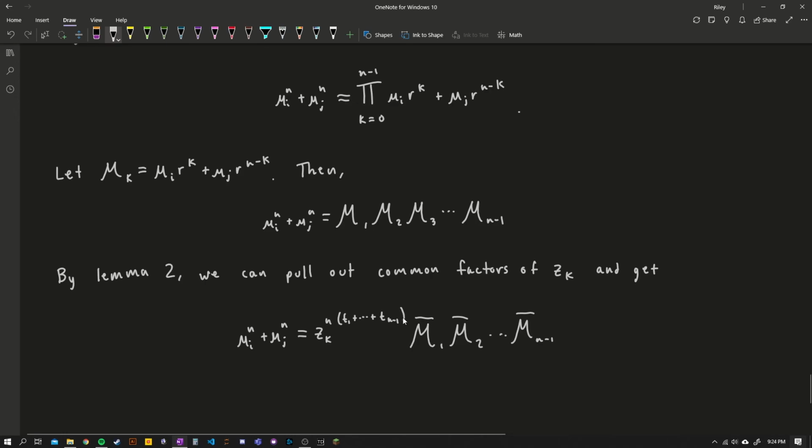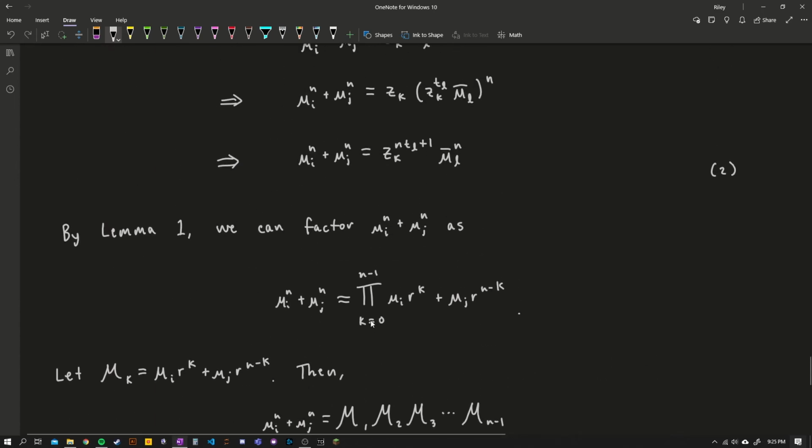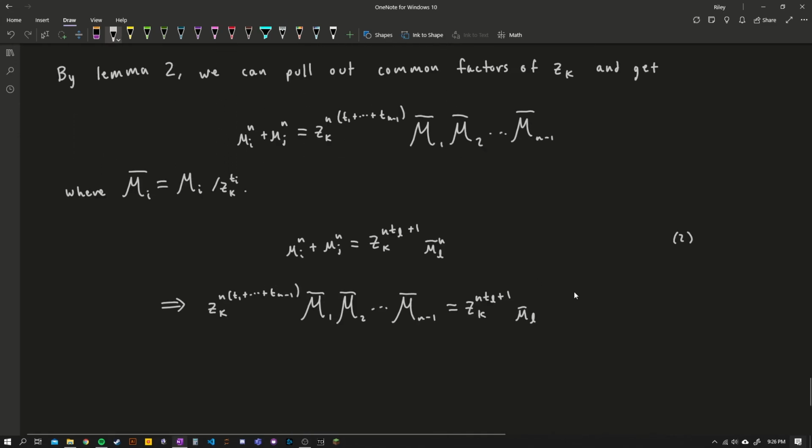So this m_i bar is equal to m_i divided by z_k to the t_i. And then it can be shown that this whole product of all these m_i bars is not divisible by z_k. So if we substitute what we have back into equation 2 right here, we'll arrive at a contradiction. Okay, and I'm going to label this equation 3.